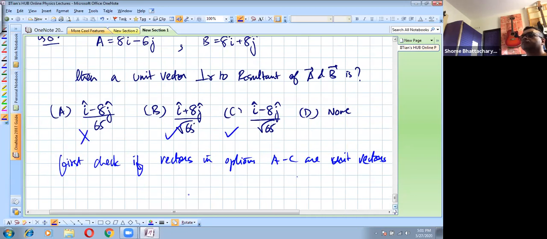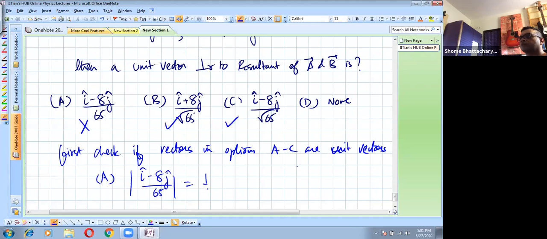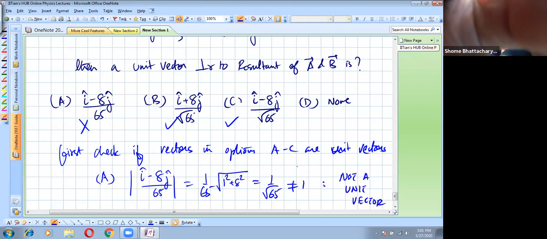So you can see that for the option A, the magnitude of this is this. That's not equal to unit. So therefore, it is not a unit vector. But by the same logic, when you do option B and C, you will see that they are unit vectors.